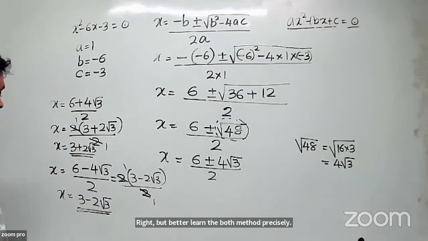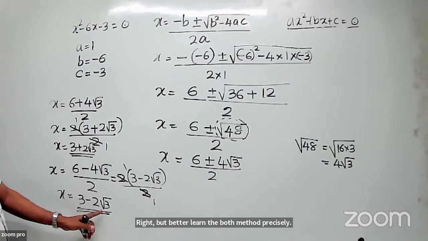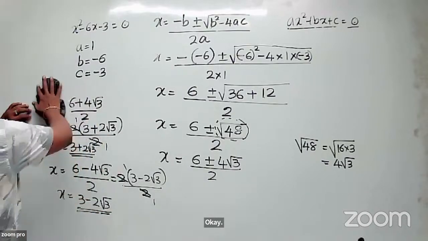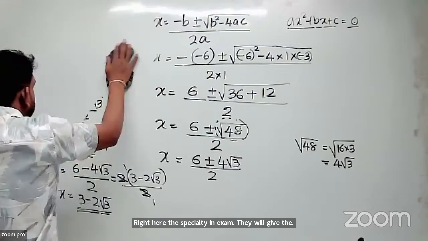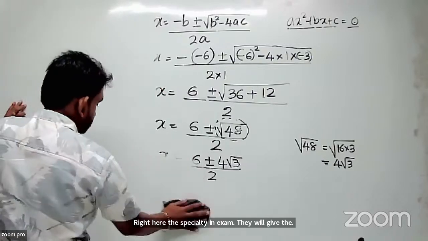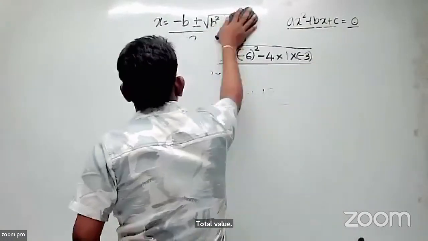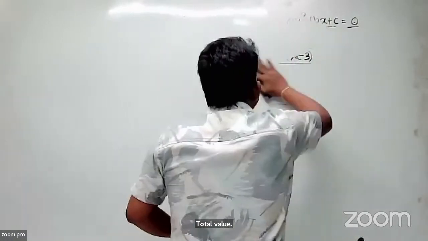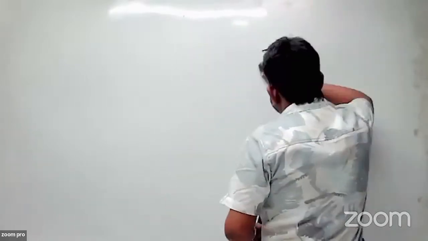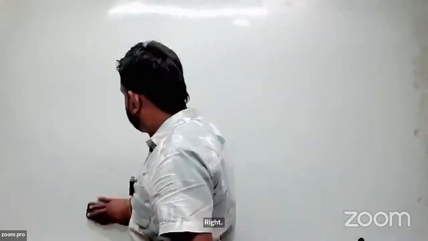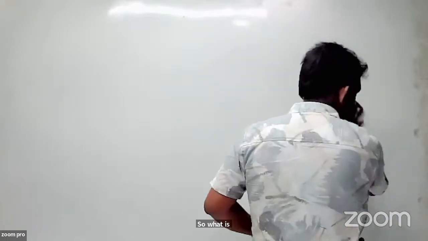Okay, right? Here the specialty in the exam is that they will give the root value. So what is our next plan? That is done, so I think you can understand.